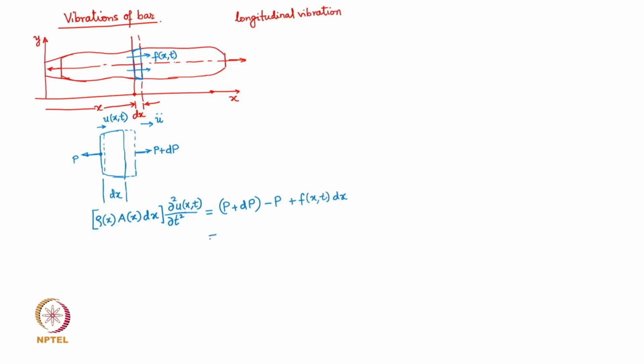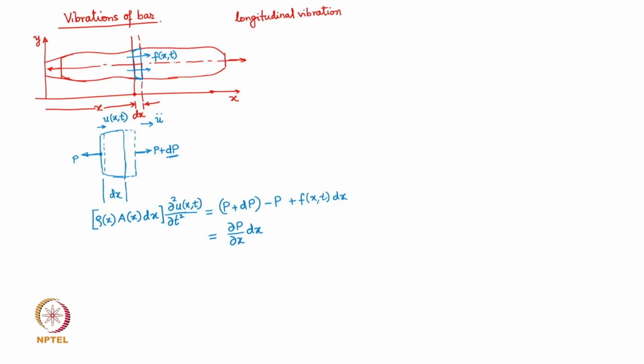Now what will this be? dP is an incremental change in the internal force, which is, across a very small distance dx, we can expand this P and therefore can write dP as ∂P/∂x times dx. Okay, right? So higher orders are all neglected here.